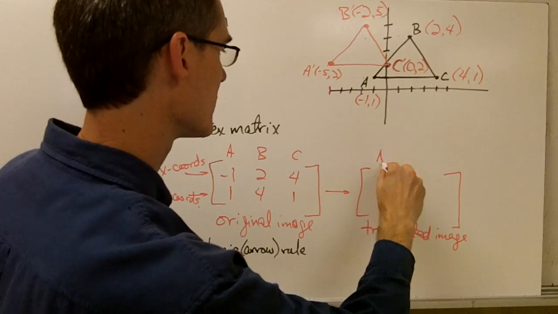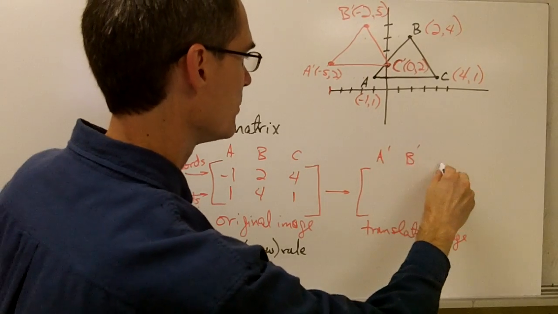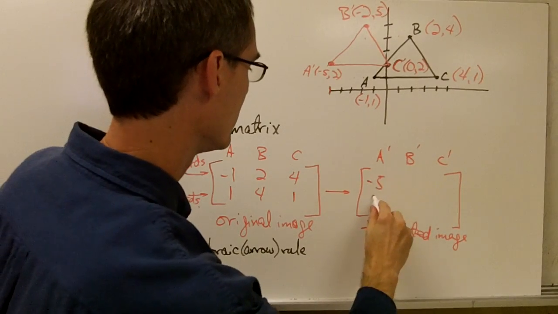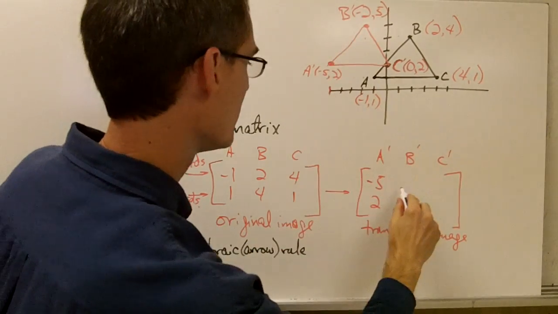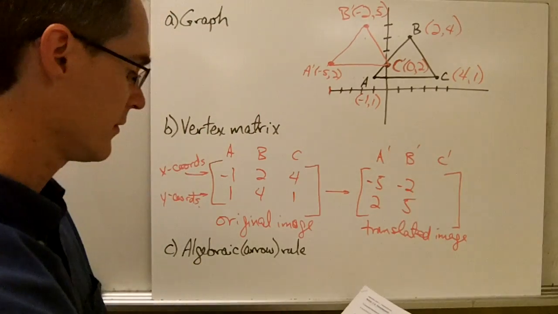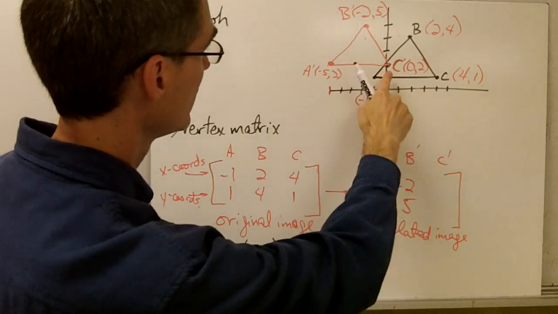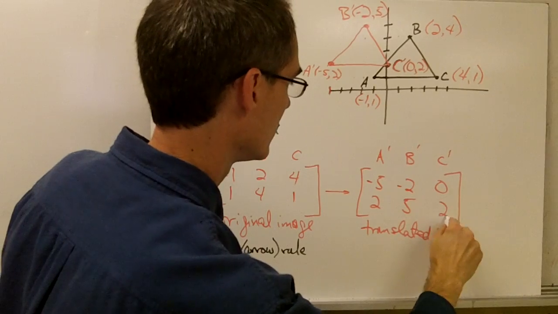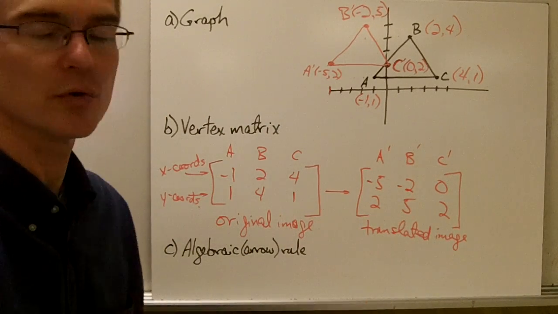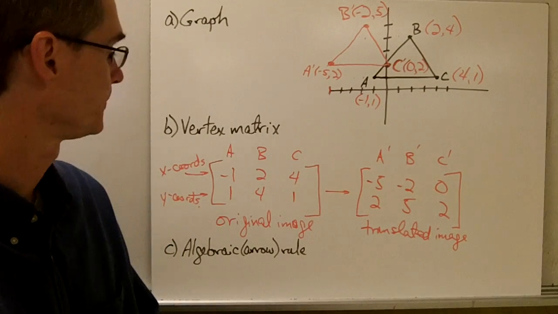This is going to be A prime, B prime, and C prime. The coordinates of A prime are -5 and 2, B prime, -2 and 5, and C prime, 0, 2. So here's how I would represent this translation using vertex matrices.